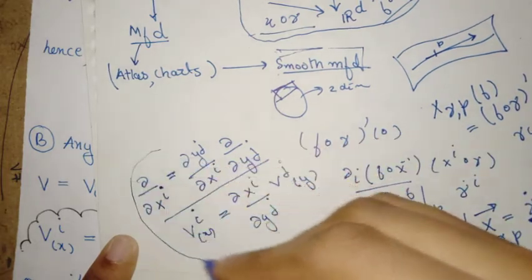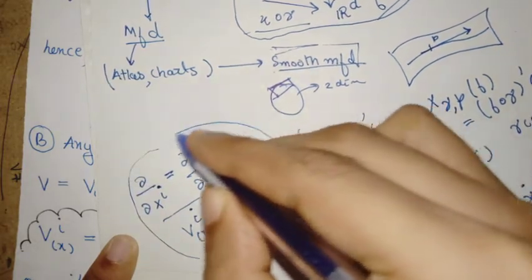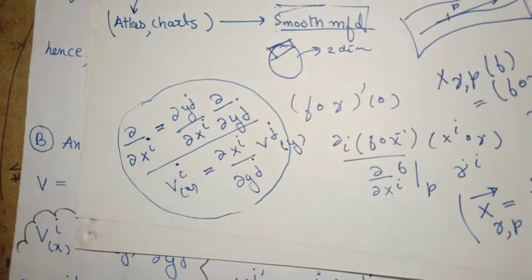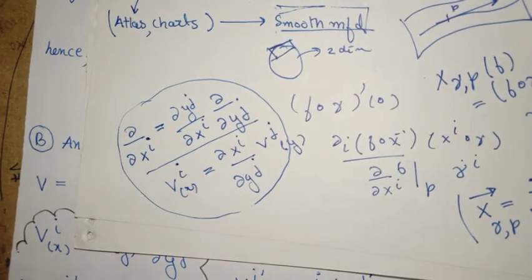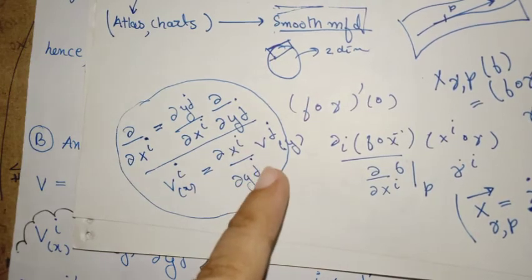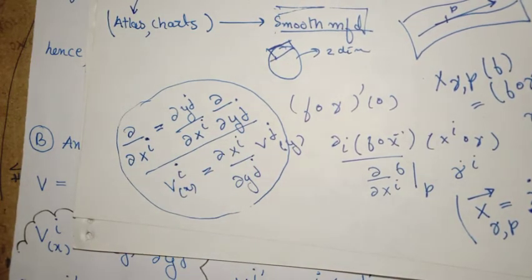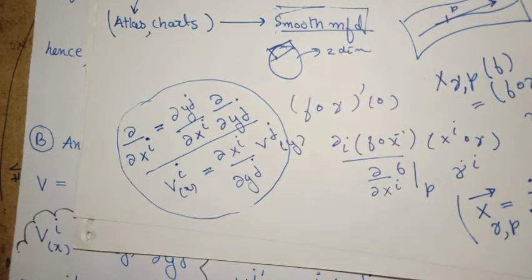You see, these are the two ways in which the basis and the components transform, and one can see that they actually transform in exactly the opposite manner so that the vector actually remains the same.